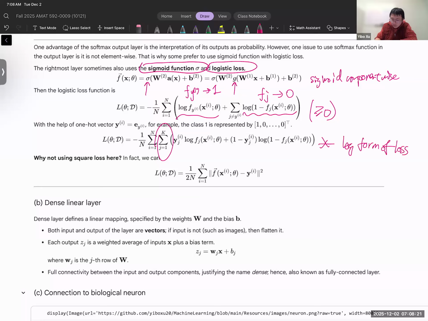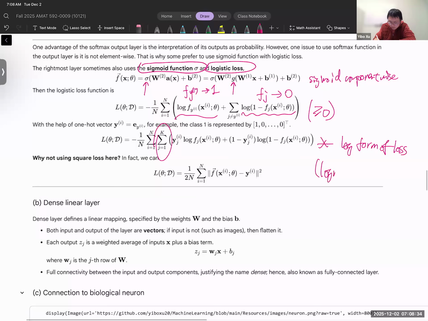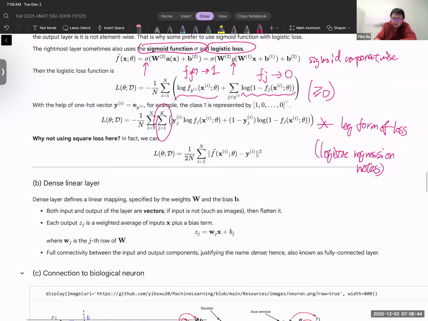In logistic regression, lecture 7, well, in one of the logistic regression notes, we also have different ways to define the loss function.